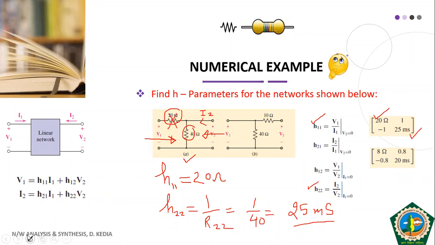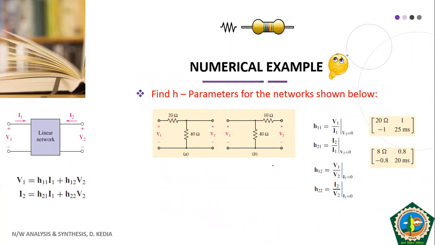Fine. After this, now we will try to find out H21. H21 is nothing but the ratio of the two currents, I2 upon I1, with V2 made 0. So V2 is 0 means you have to short this. Here you have I2.